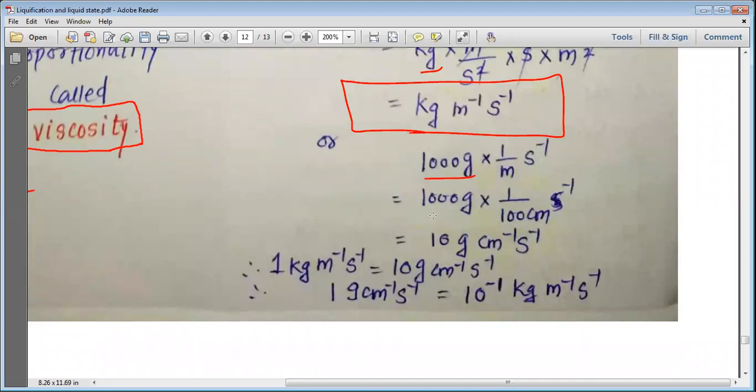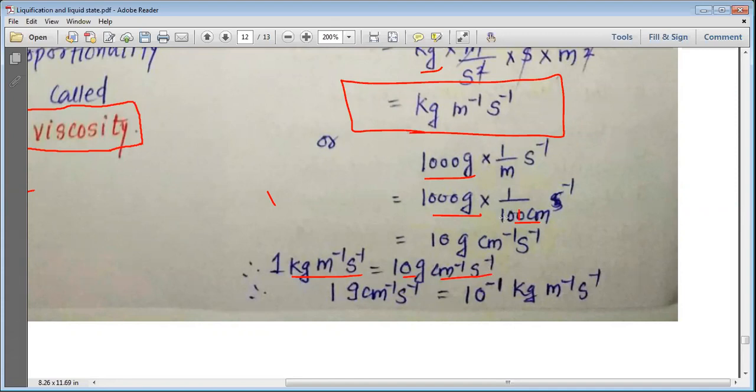So now 1 kilogram is 1000 gram, 1 meter is 100 centimeter per second, and that is how we can say that 1 kg per meter per second is equal to 10 gram per centimeter per second.